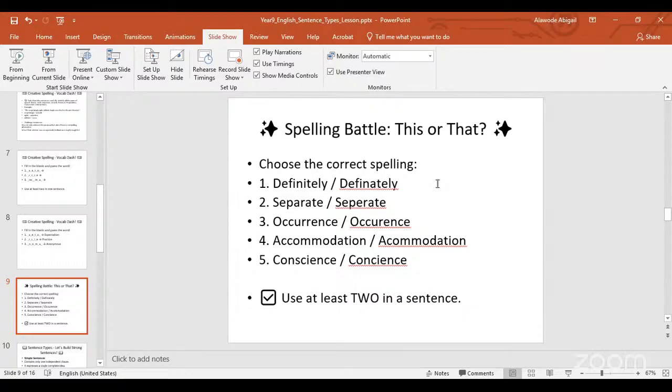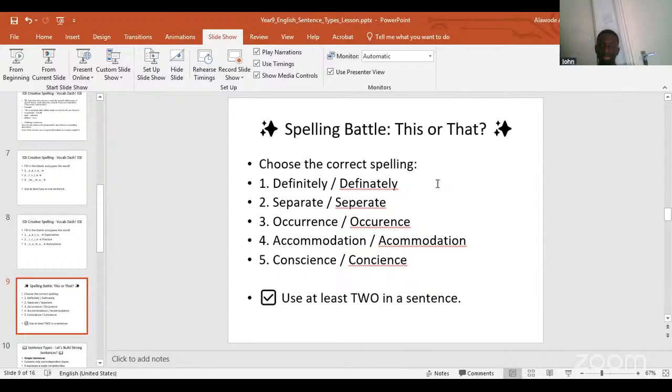Double C, double R in occurrence, not double C, one R. Accommodation is double C, double M. Oh no, you said it was the second one too. You only chose the first one, right? For number 5. Yes, ma'am.